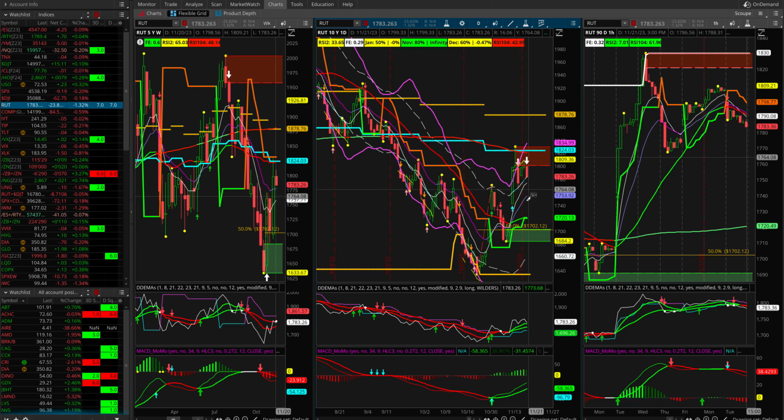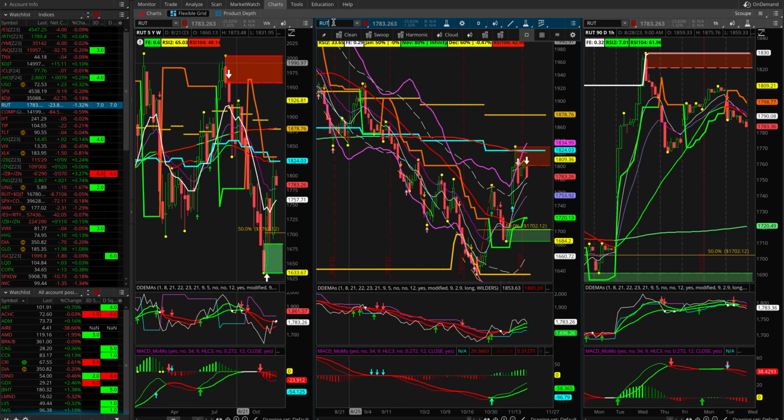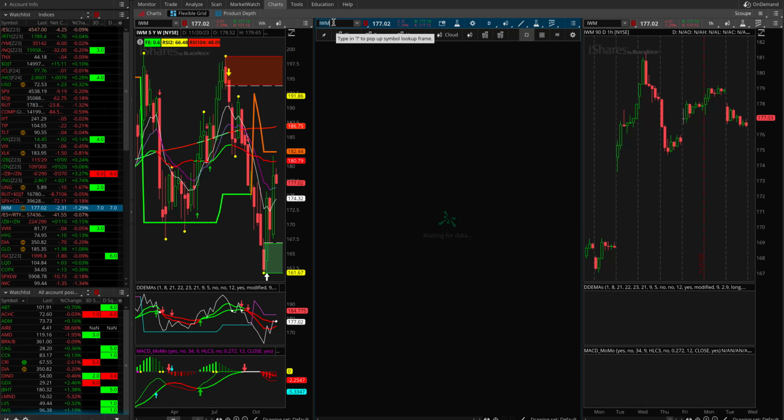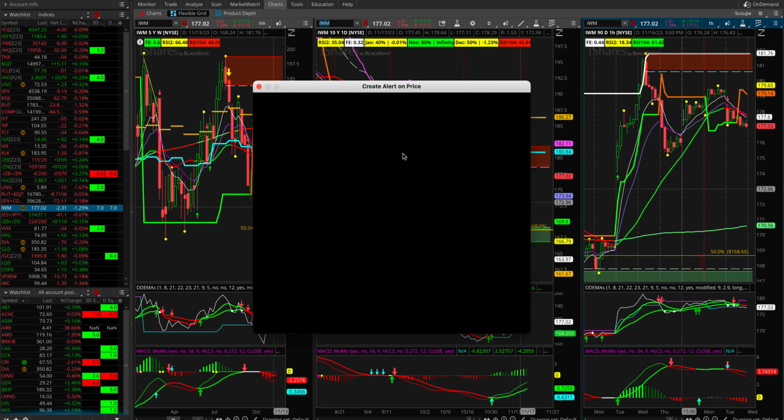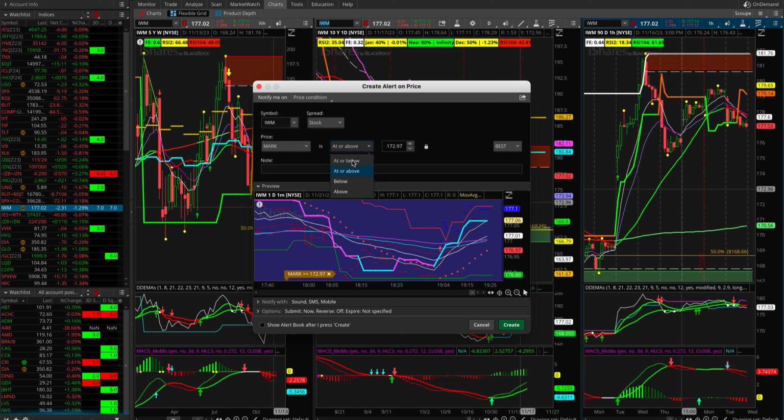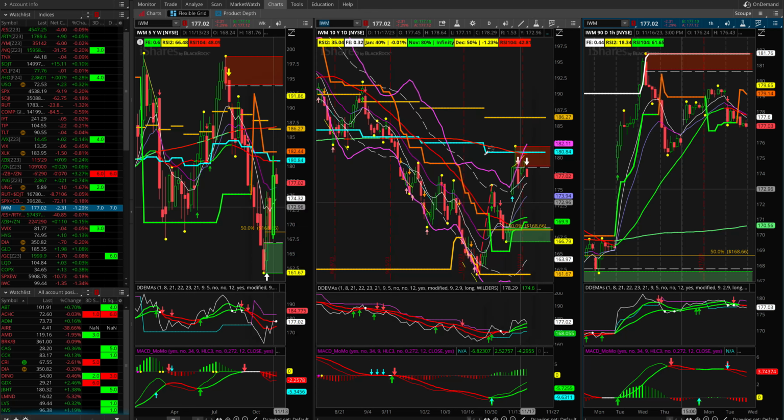And what I'm really looking for is a nice pullback zone that we can get into. And I'm actually looking at the IWM. This is the 50% line down here. Even if I get here, I will start looking. So I'm going to put an alert in there for a potential trade to go long.